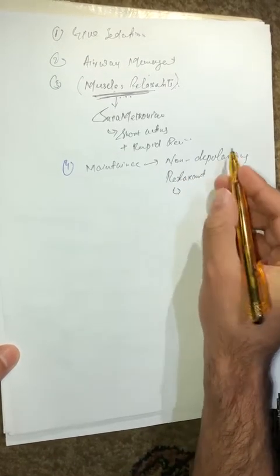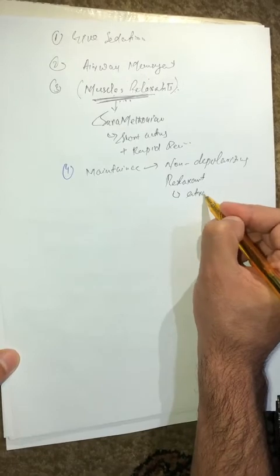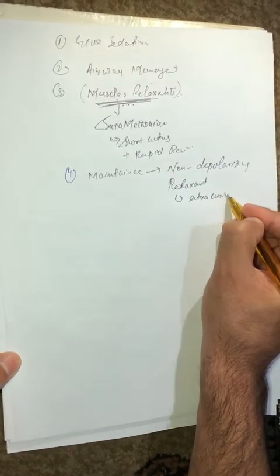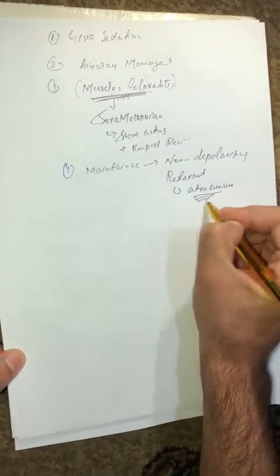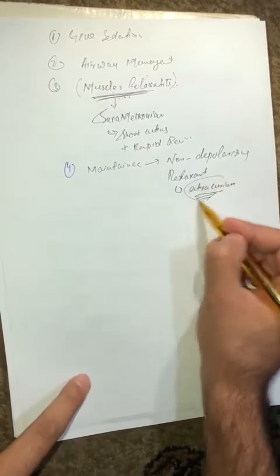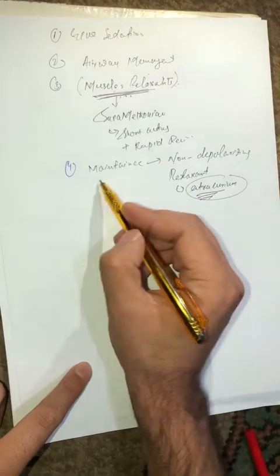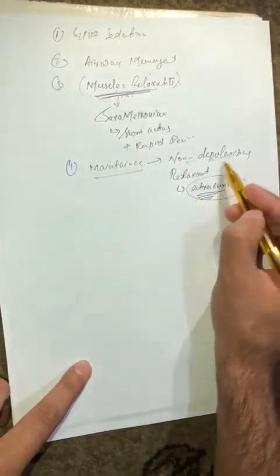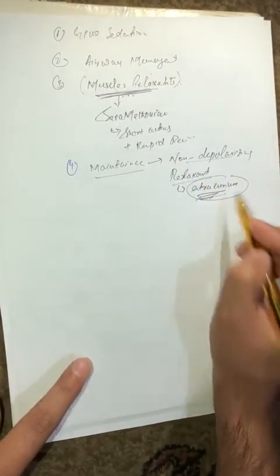For example, atracurium. We have studied atracurium in our previous video on the drugs used in general anesthesia. The most commonly used maintenance agent is the non-depolarizing relaxant atracurium.